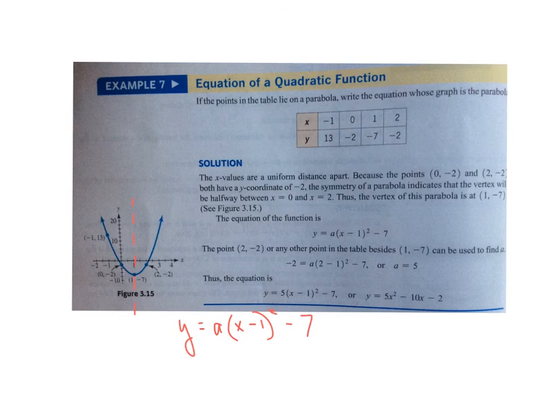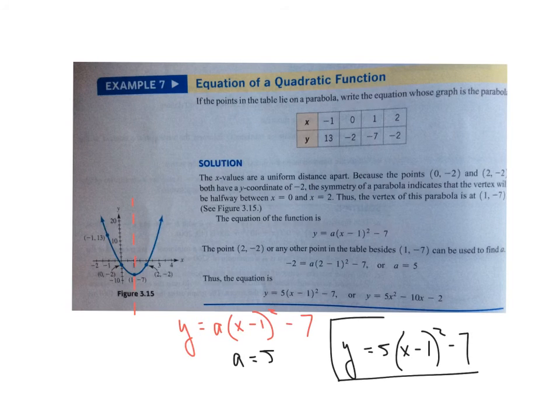Doesn't really matter. The book took the point (2, -2), plugged the 2 in here for x and the -2 in for y, and found that a is equal to 5. So now we've got the formula right there. Okay, so that is the formula that they wanted you to come up with.